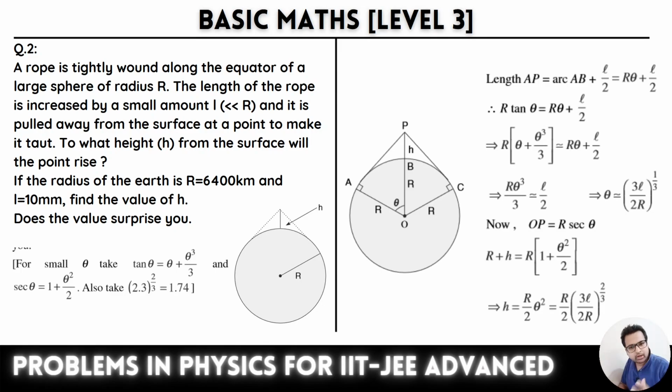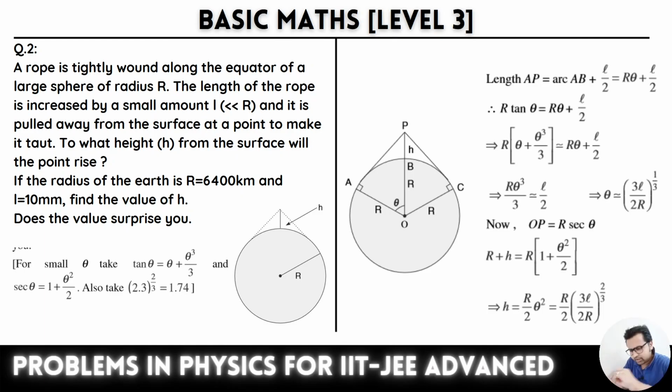From the very deep intuition and observation, you can say that the length of AP is equal to the original length, that is the length of arc AB, plus L by 2, because L is the new addition to the length. So definitely this AB region will get L by 2 addition, and the BC region will get L by 2 addition. I think you can very easily feel this.